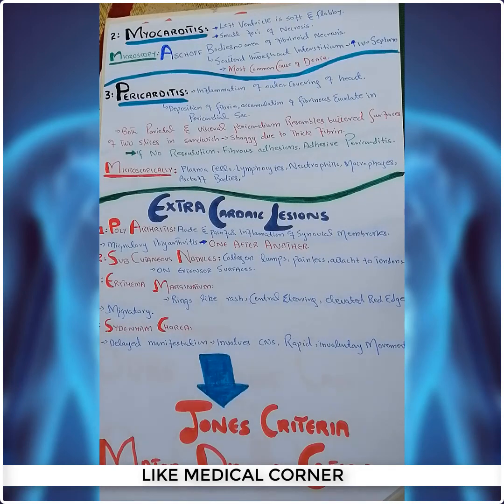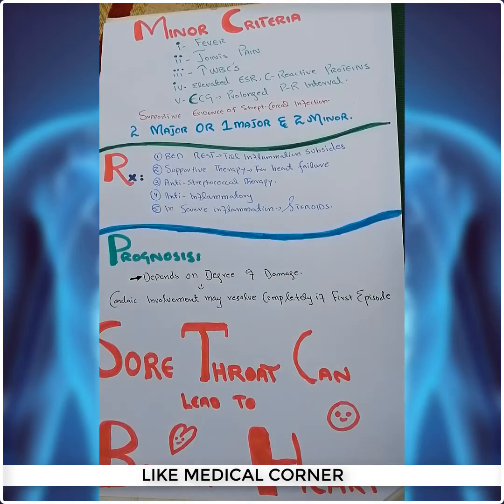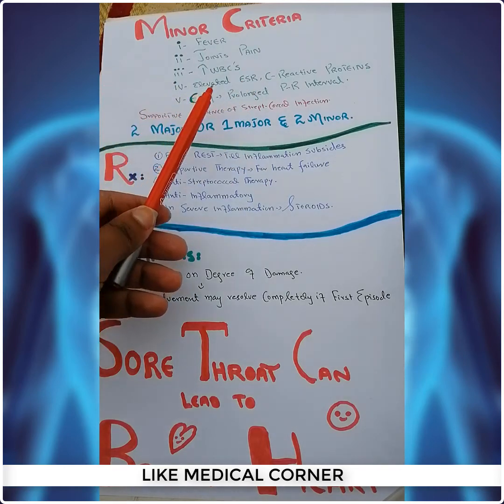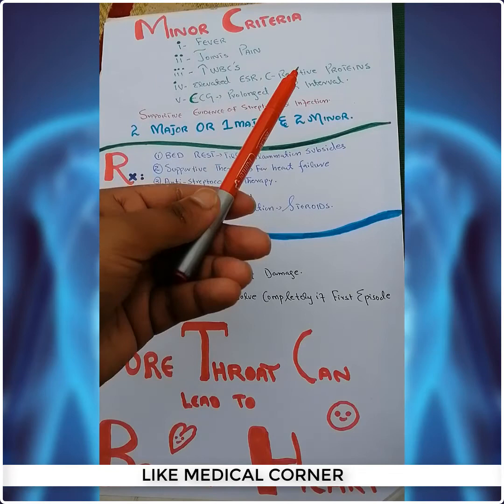If we talk about minor criteria of rheumatic heart disease, the minor criteria include fever, arthralgia, joint pain, increase in WBCs, elevated erythrocyte sedimentation rate, increase in C-reactive protein, and ECG changes with prolonged PR interval.